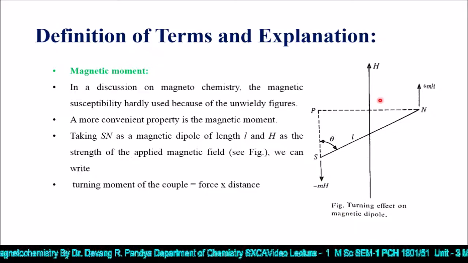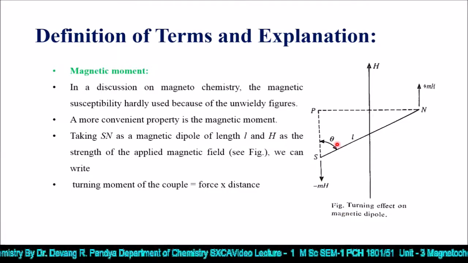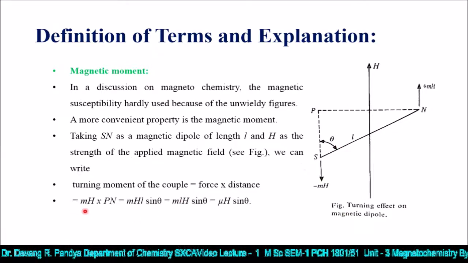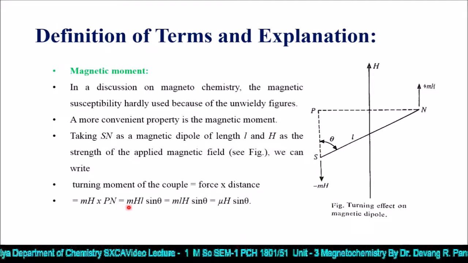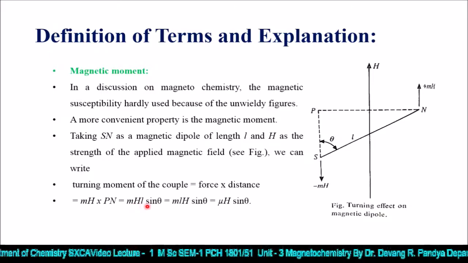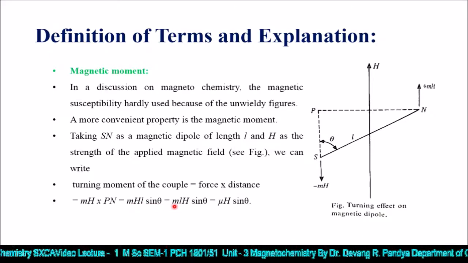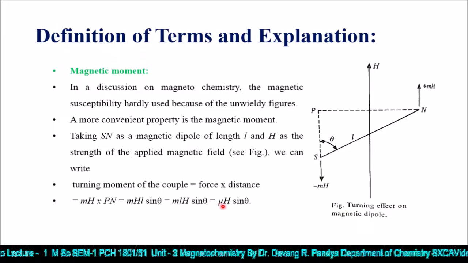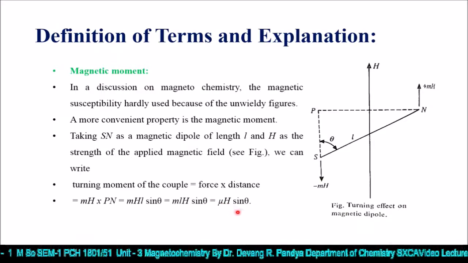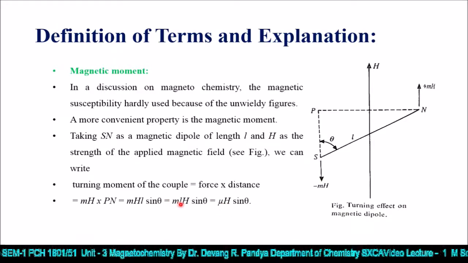The force into distance is equal to mH into PN, is equal to m into HL sine theta, mLH sine theta, or it can be represented as mu H sine theta, where mu is equal to m into L.